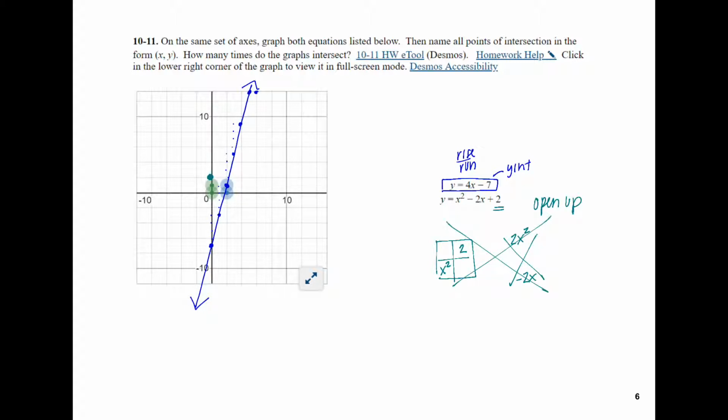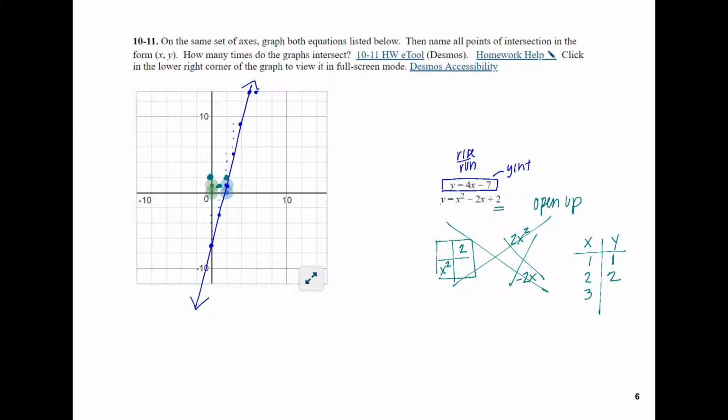We could try plugging it into the quadratic formula, or we could test some other values using a table. So if we used an x-y table and we plug in some additional values to the right, if I plug in 1, I get 1, so there's an ordered pair at 1, 1. When I plug in 2, I get 2, there's an ordered pair at 2, 2.